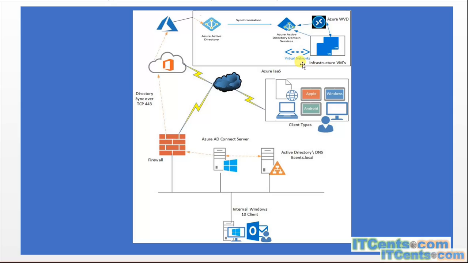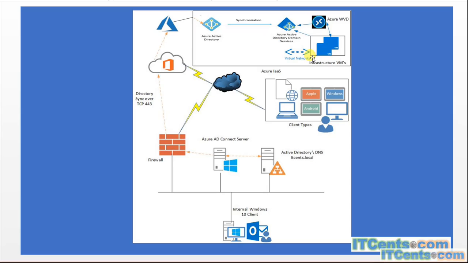For this purpose, I will deploy Azure Active Directory Domain Services or AD DS. And my Windows Virtual Desktop machines, Windows 10 machines, will join Azure Active Directory Domain Services. In addition to that, I have some infrastructure VMs like a file server and all.